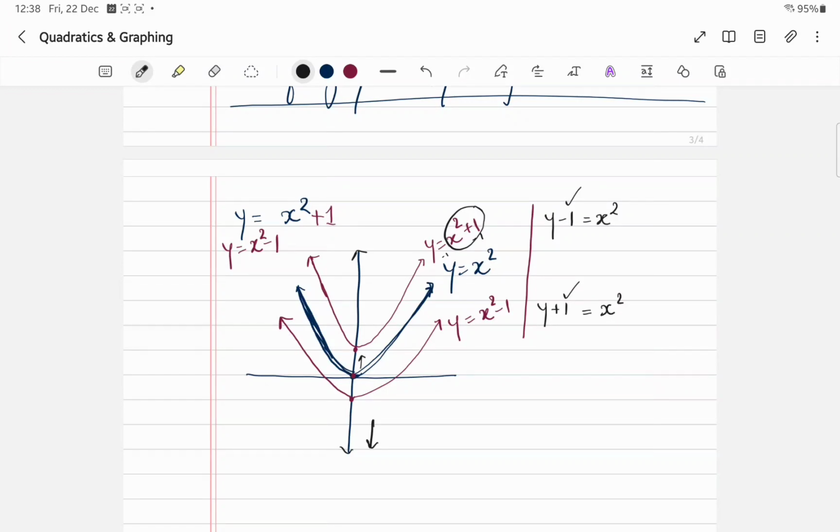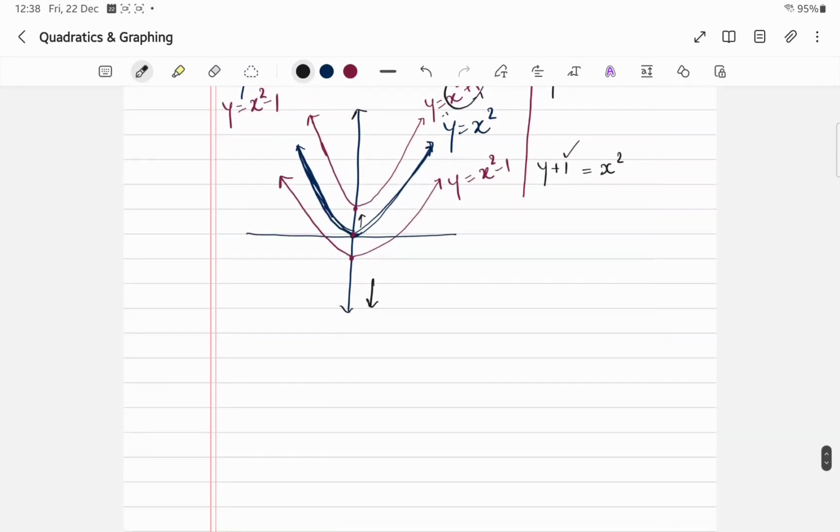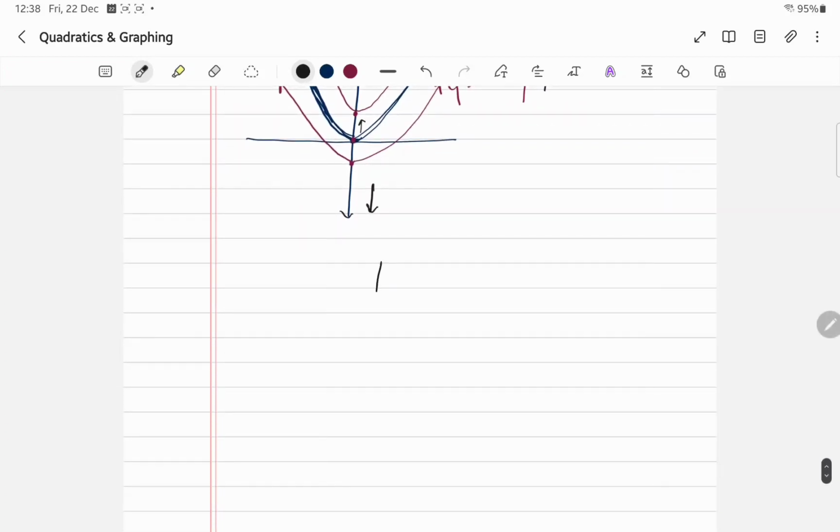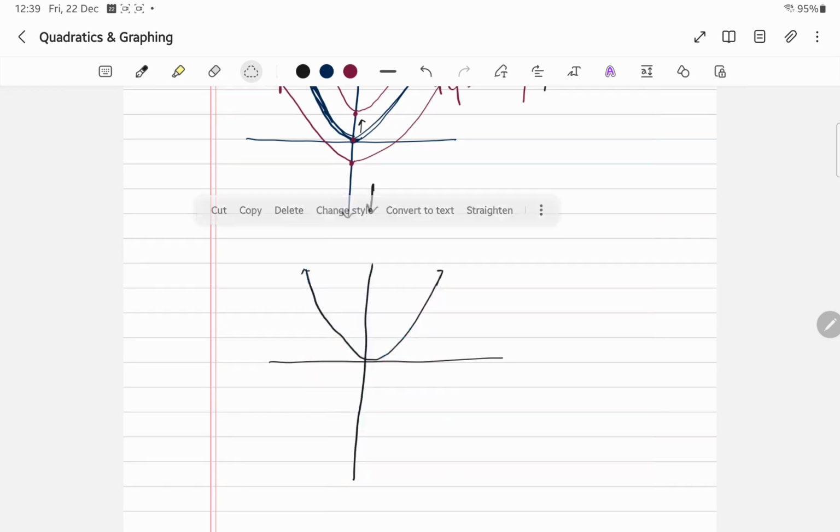Now, what if we move the x-axis? Here, I'll draw another one because otherwise it's going to look messy. Let us suppose that's my y equals x squared curve.